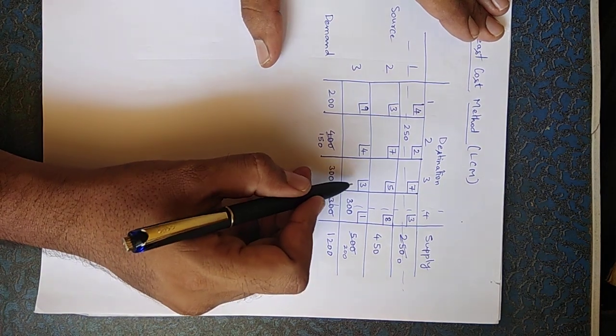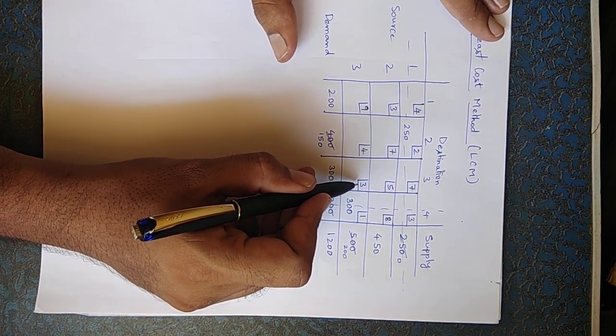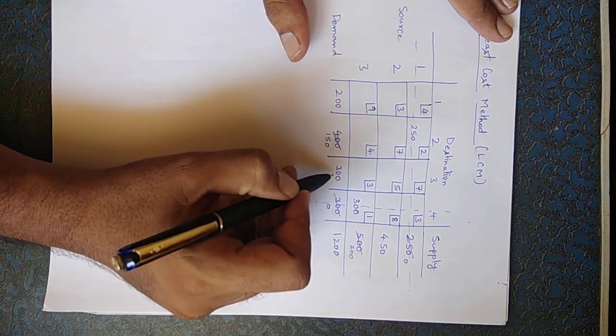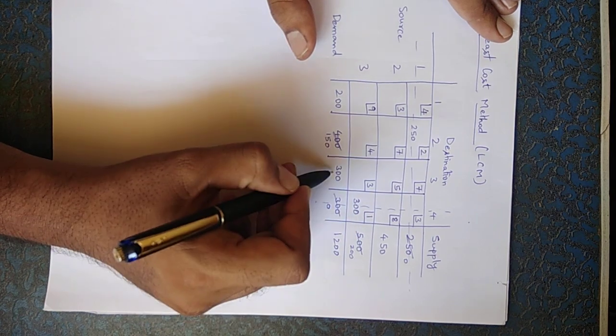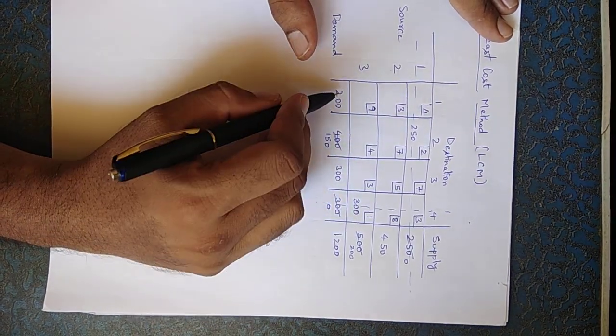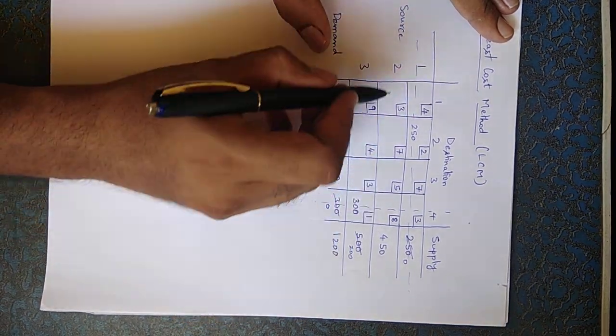We will find out for the same cost to ship per piece where we can ship maximum number of items. In this case, 200 and 300 minimum is 200, so I can allocate 200 here. Here again 200 and 450, minimum is 200, so 200.